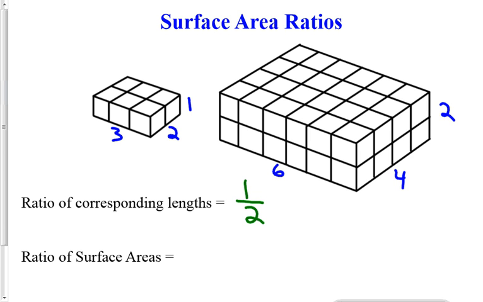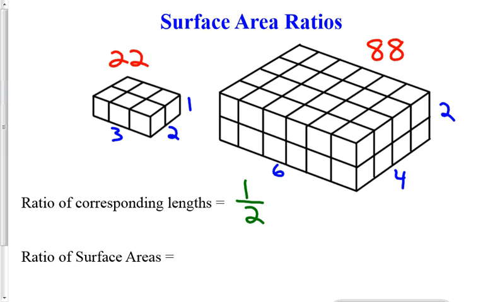All right, so surface area of the smaller figure, 22 units squared, right? Just count up the number of units on top, on bottom, on left, on right, on front, on back. We get 22 units squared. Surface area of the bigger rectangular solid is 88 units squared.